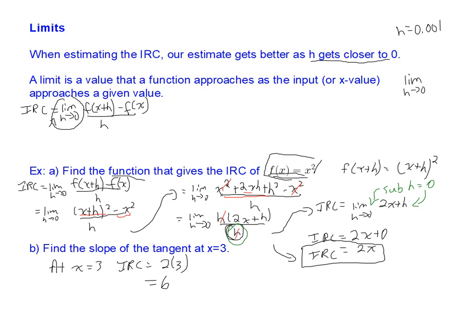So that means that the slope of the tangent at x equals 3 is 6. So that slope of that tangent is equal to 6.